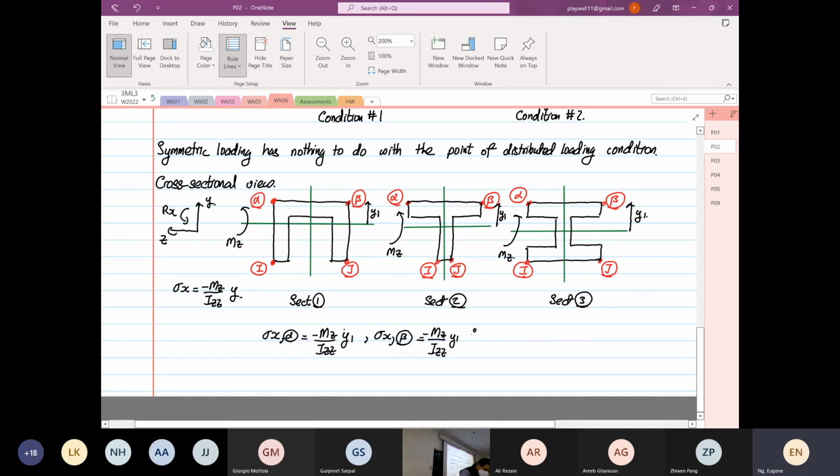For point beta, the formula is exactly the same: minus Mz over Izz multiplied by y1. Therefore stress X alpha equals stress X beta. When that's the case, it's under symmetrical loading.